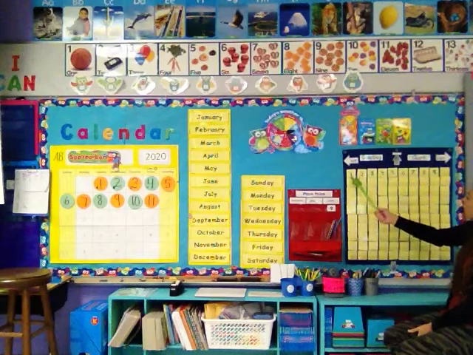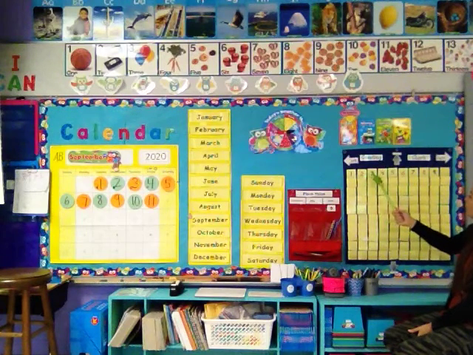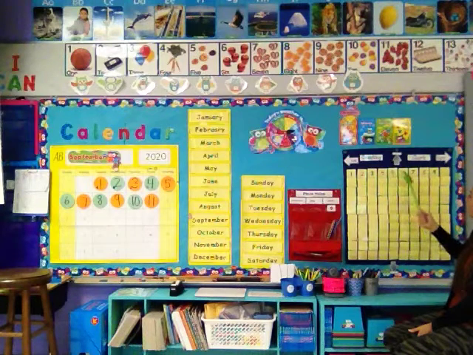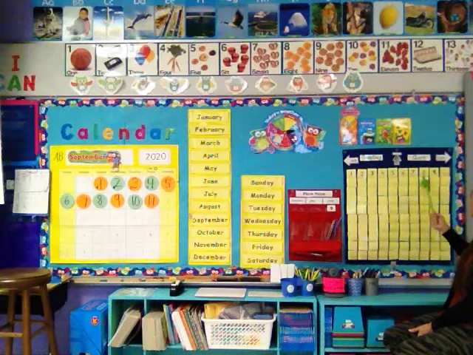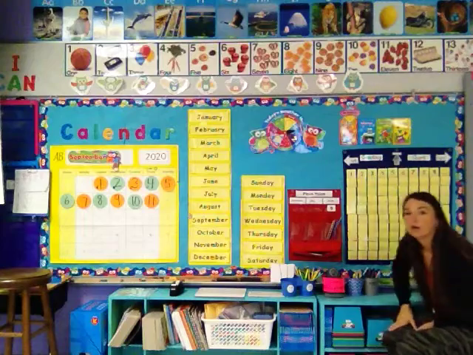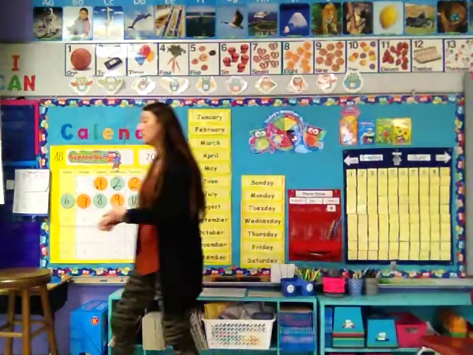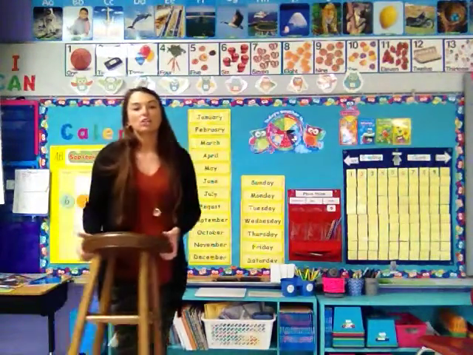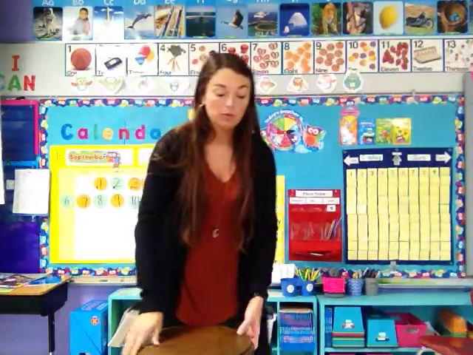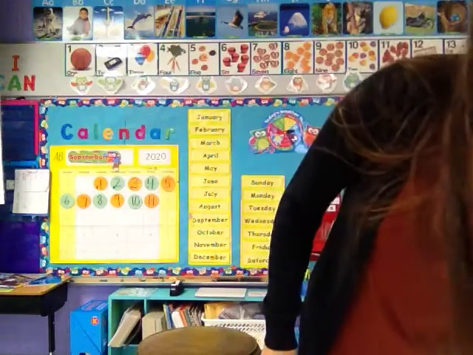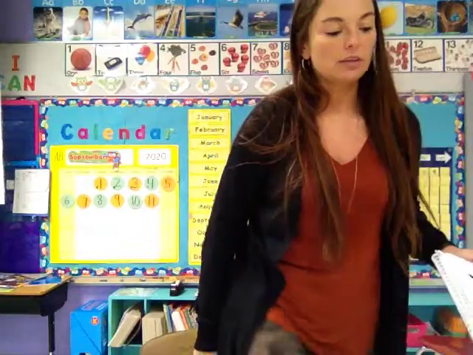Ready? 1, 2, 3, 4, 5, 6, 7, 8, 9. Very good. So at home, practice counting with the kids. Let them count objects, show them numbers, let them look at numbers to start recognizing what numbers look like.